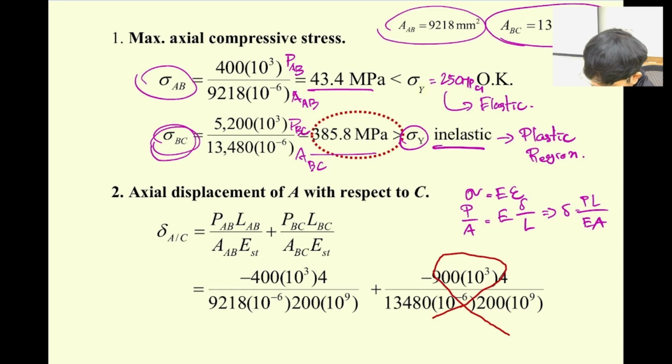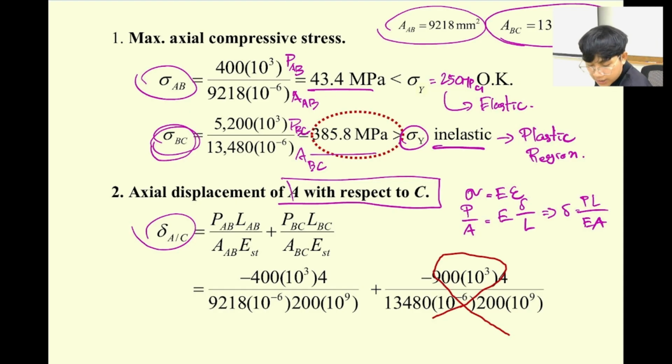So if the question asked for AC, it's really easy for me to find the deformation of AC. Am I right? Can I use this equation? Can I use it? Can you guess? I can't use it, right?